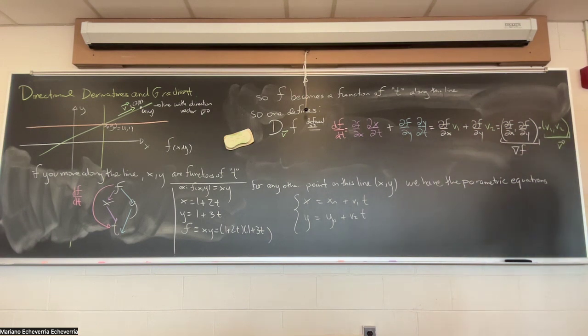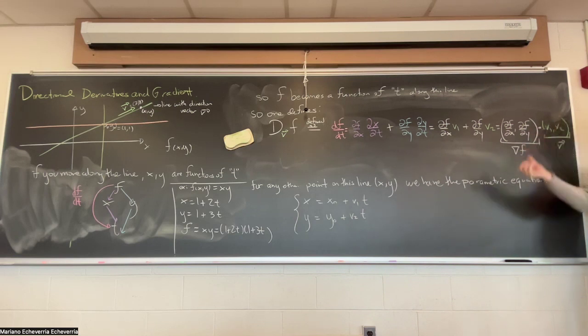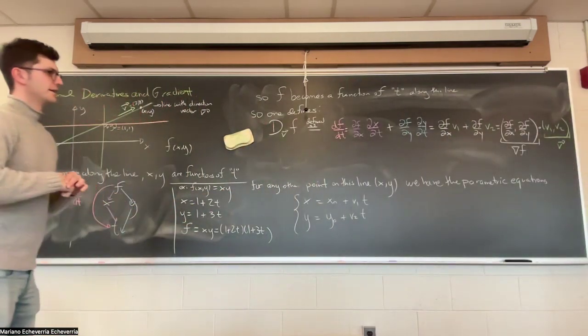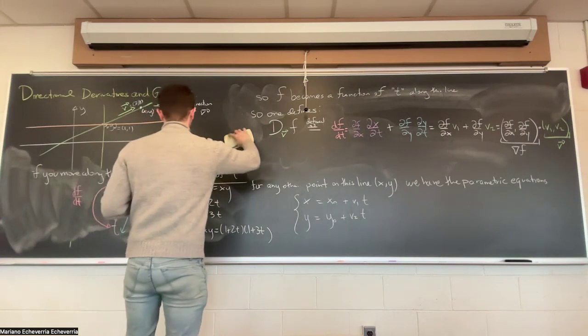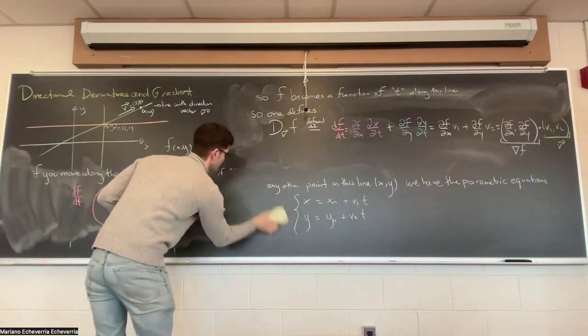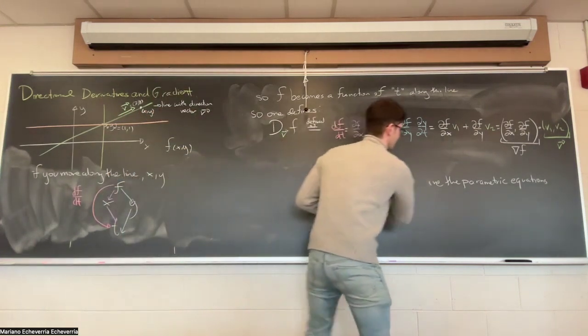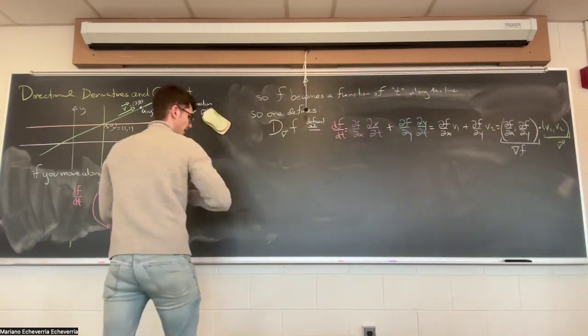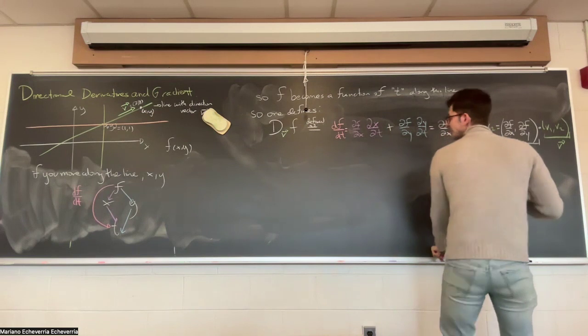So in fact that is how we're going to think about this directional derivative, as a dot product between the direction vector and the gradient. So let me rewrite this in a slightly better way. So this is the formula that we have to use.